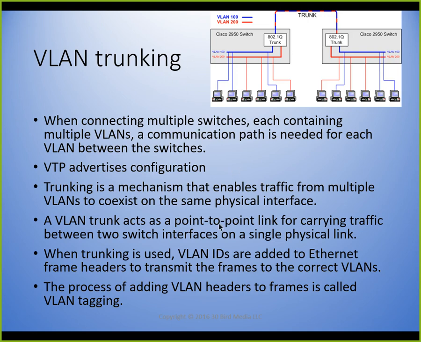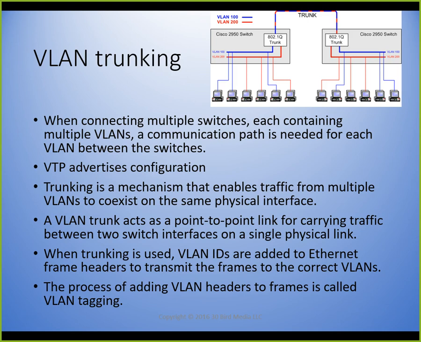So with multiple switches, each containing multiple VLANs, a communication path is needed for each VLAN between the switches. VTP, which I'll demonstrate in a second, the VLAN Trunking Protocol, advertises configuration. Trunking is a mechanism that enables the traffic from multiple VLANs to coexist on the same physical interface. Boy, that's a mouthful. What that means is that we can have traffic from all of the VLANs on the trunk port, and as you saw in the arrangement I have right now, it's not working.